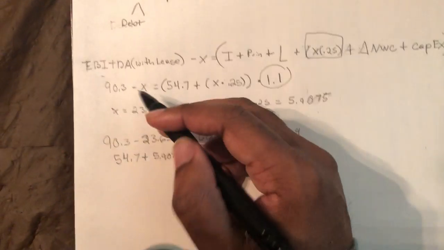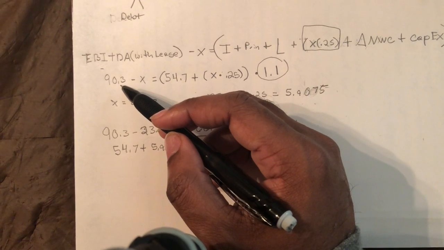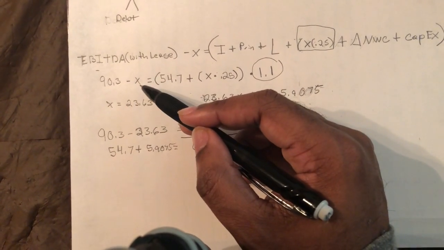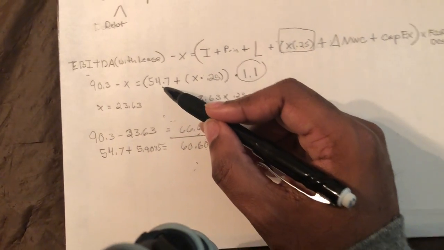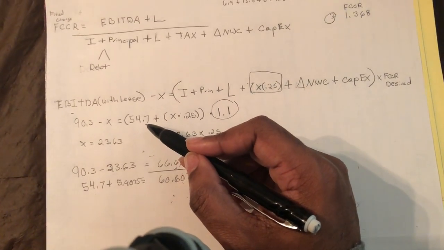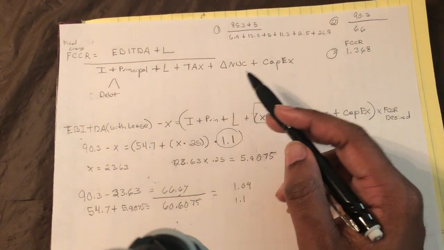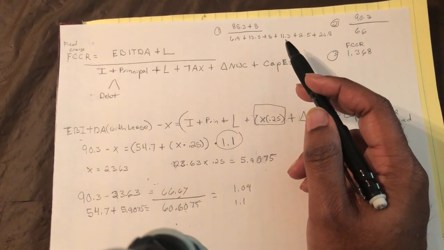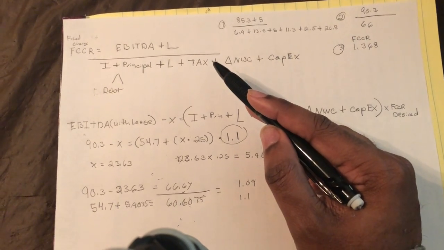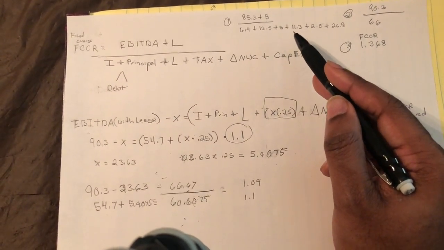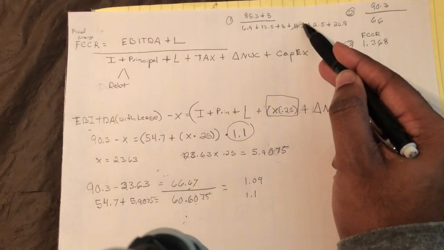So how the math looks is, you're going with my EBITDA plus the lease, which is 90.3 minus X equals, so this 54.7 is basically me taking all of this added up and then subtracting off that 11.3, which is the old taxes. I'm just not adding those taxes in there, right?